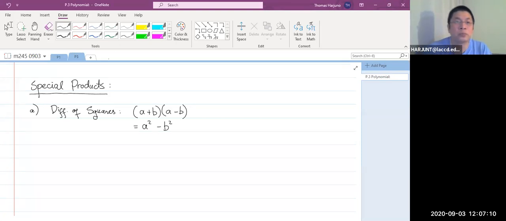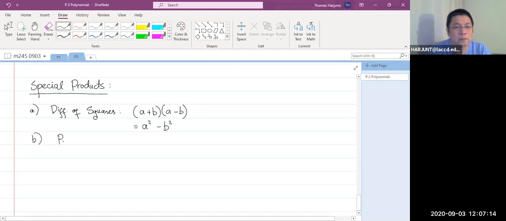Okay, and the thing is, it also appears a lot in our problems though. Okay, second, perfect squares. That's if we have a plus b quantity squared, that is equal to a squared plus 2ab plus b squared.